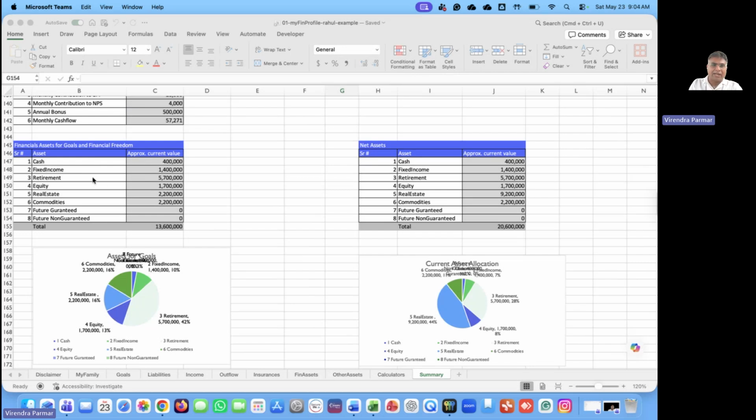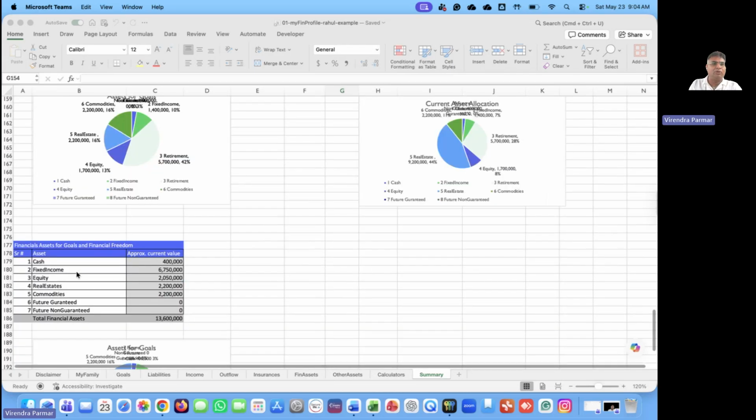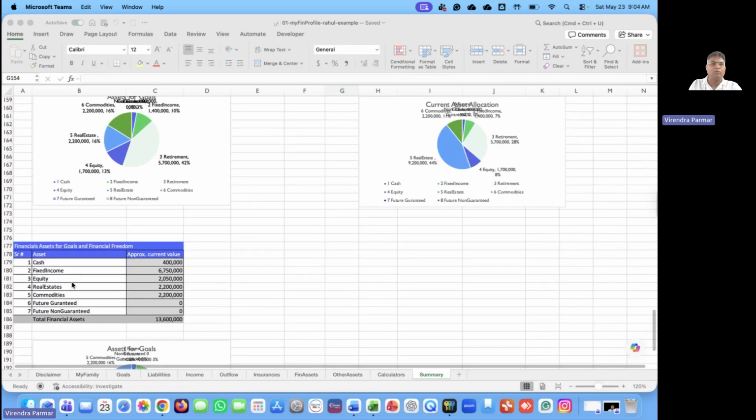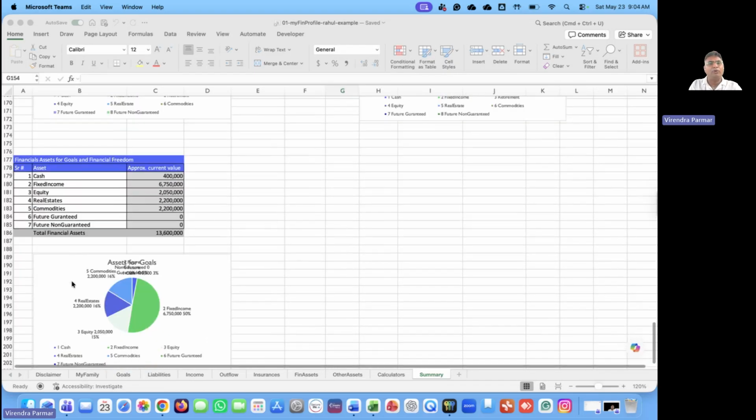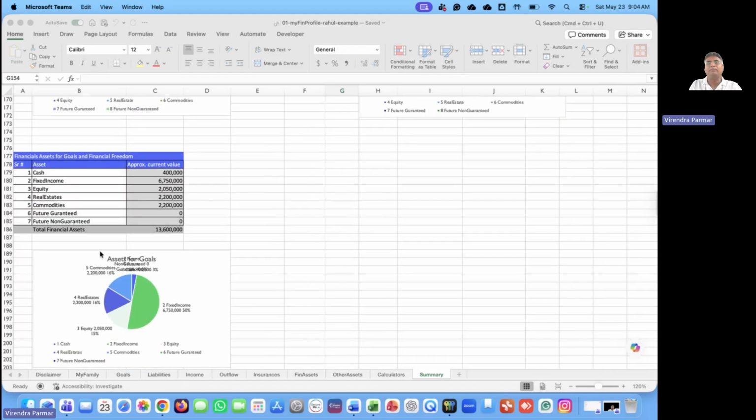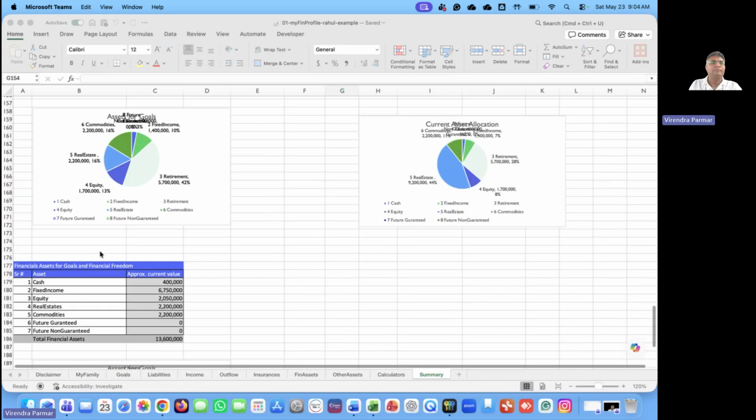I've considered retirement as one kind of asset instead of putting it in equity or fixed income, because it is not available to you until you retire if you are in a job. But the same table is given below where retirement is not a category. Here you get an idea of how your assets are allocated, so that you can see if the asset allocation is correct or not.